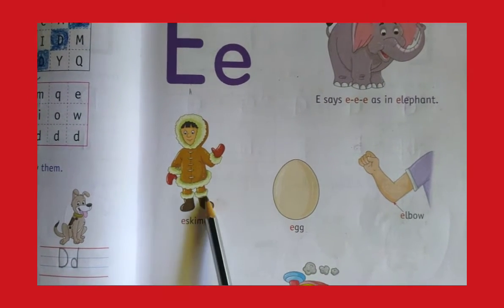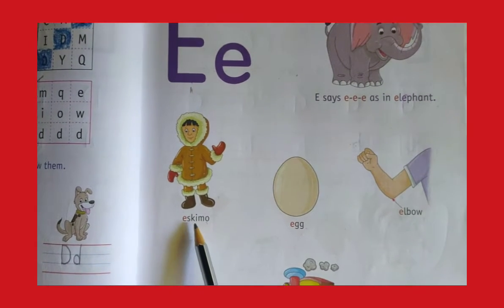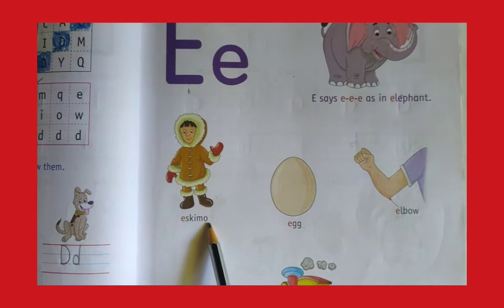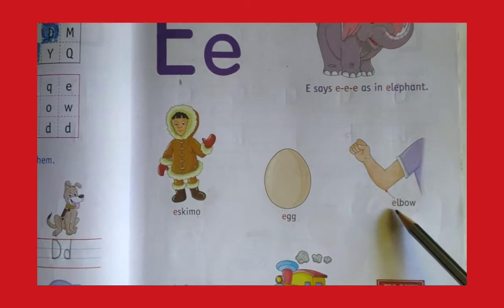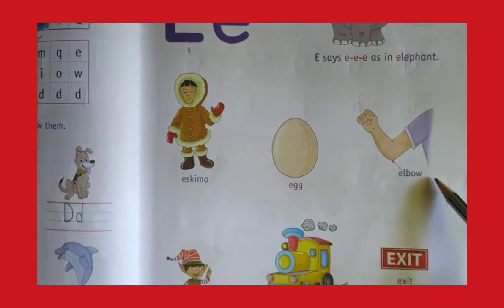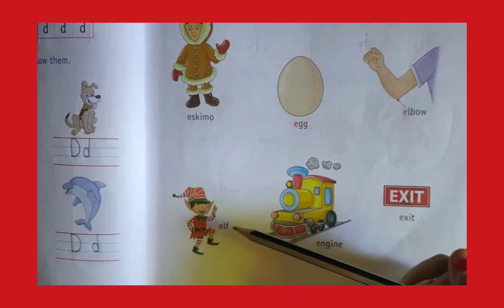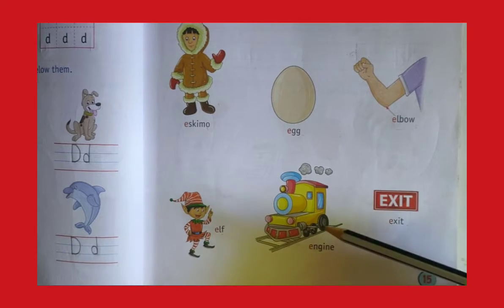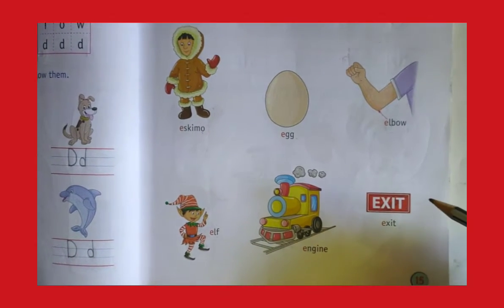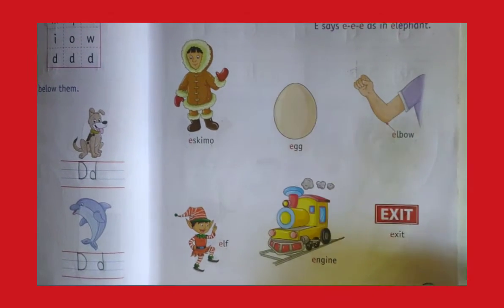Next one is Eskimo, ESKIMO. EGG, egg. ELBOW, elbow. ELF, elf. ENGINE, engine. EXIT, exit.